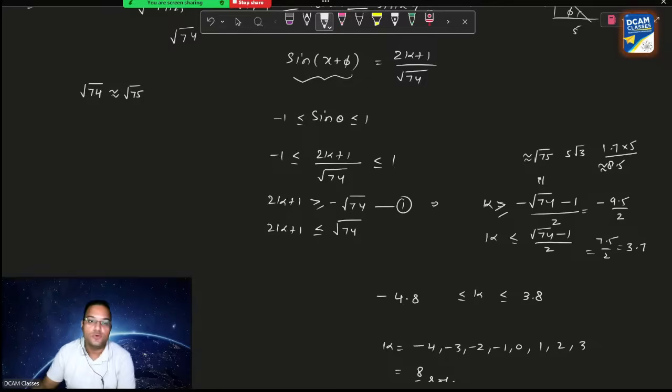Root 2 value, root 3 value, and root 5 value, this you should always remember, and root 7 value also. Root 2 is 1.414.